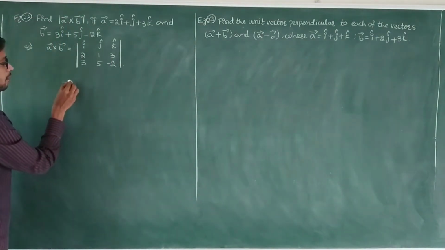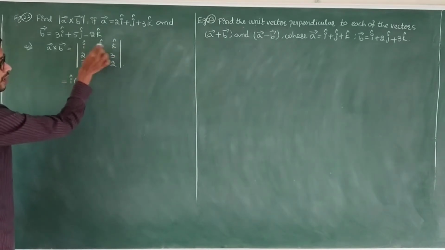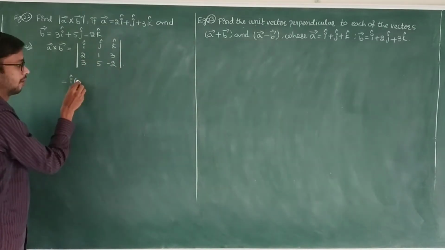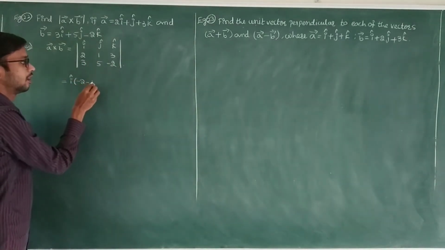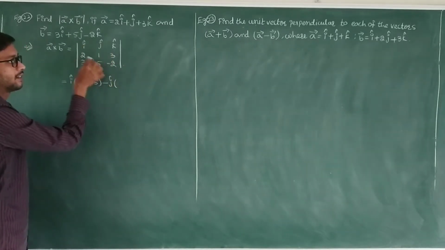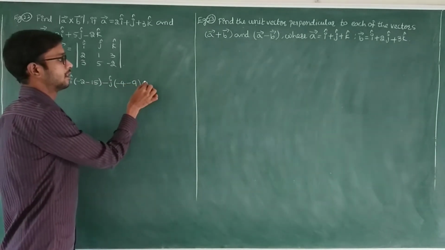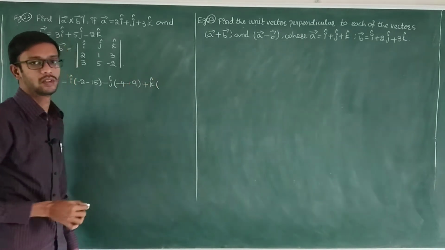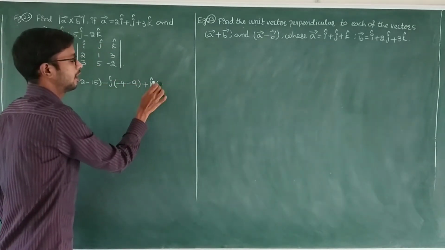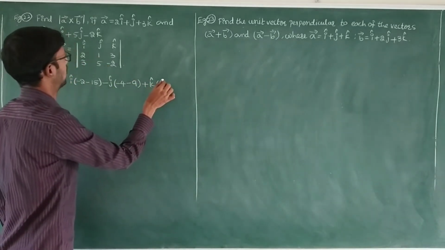So now we have to find the determinant. I am expanding with respect to row 1. I cap into, removing the first row and first column, cross multiplication: minus 2 minus 15, minus j cap into minus 4 minus 9, plus k cap into 5 times 2 is 10 minus 3.